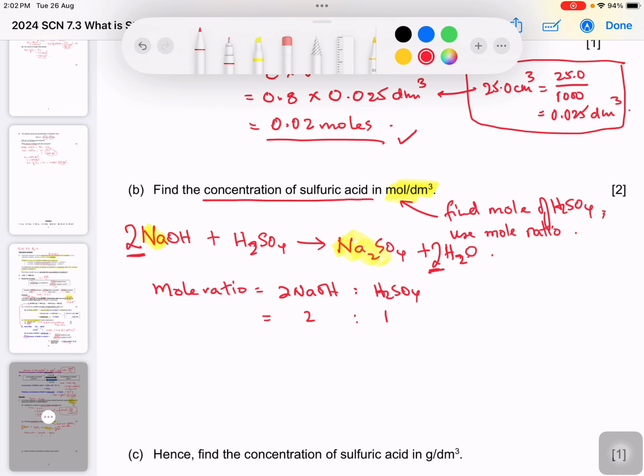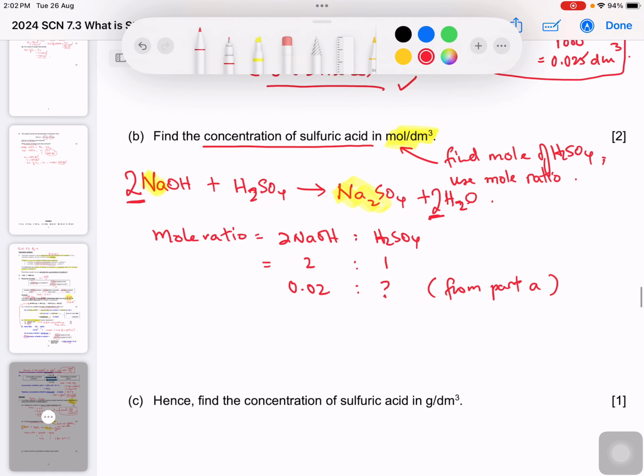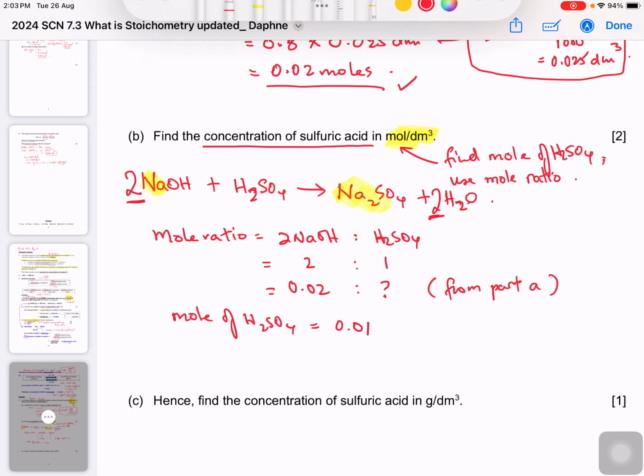Then from the first part, how many moles of sodium hydroxide is there? 0.02, from part A. That means that mole of H2SO4 is equal to 0.01.